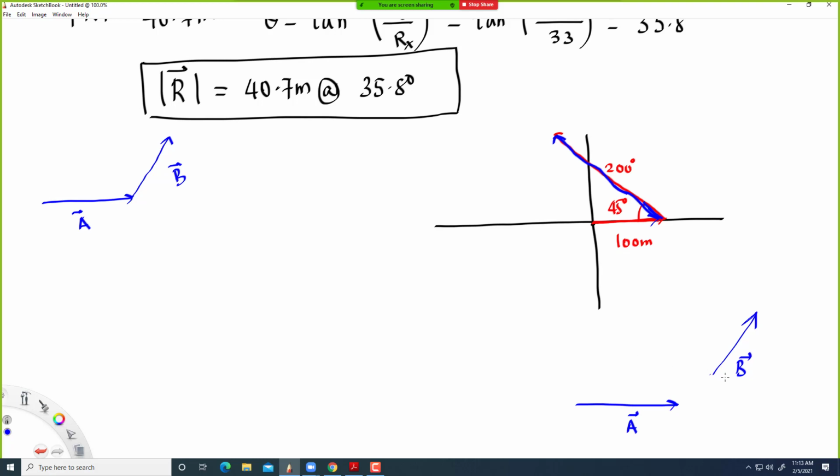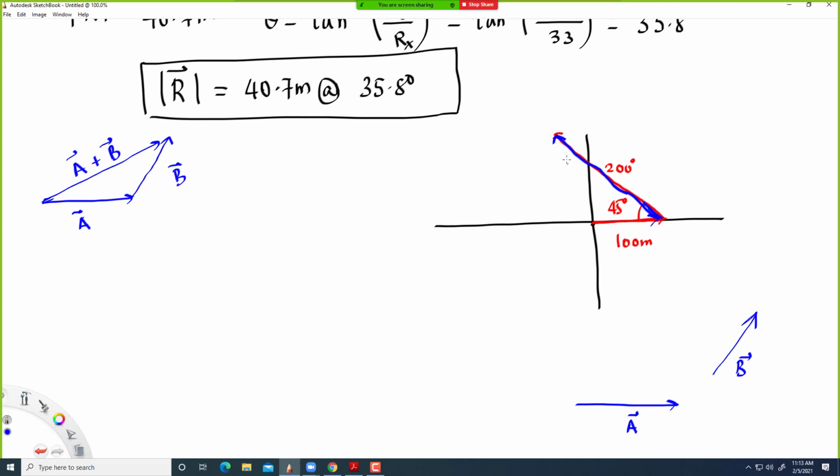If it is in this orientation, then do not change that orientation. Just transfer this one to the head here. And then connect the tail of the first one to the head of the second one. And this gives the sum of the two vectors.